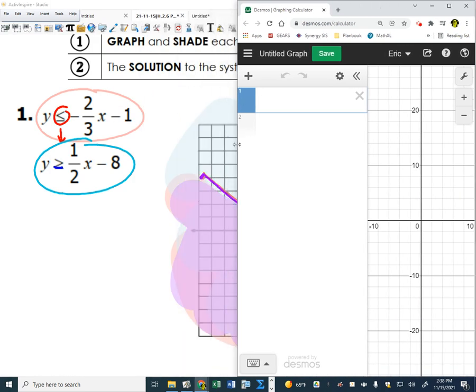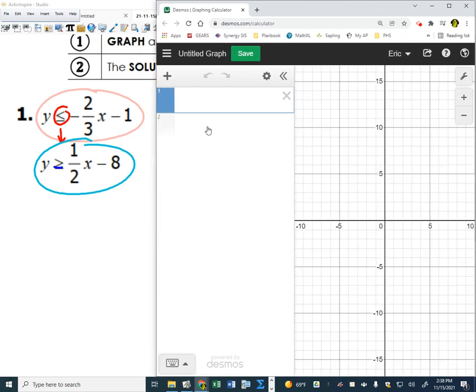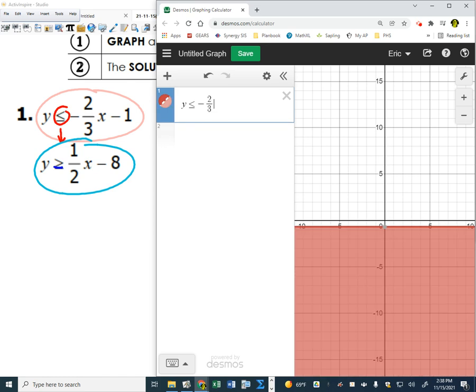I'm going to graph both of these. I'm going to graph this first inequality here. y. Now, how do I get less than or equal to, do you suppose, in Desmos? Okay, all you do, you type less than followed by equals, and it combines them. Less than or equal to. Negative, pretty cool, negative 2/3 x minus 1, and look what you got.